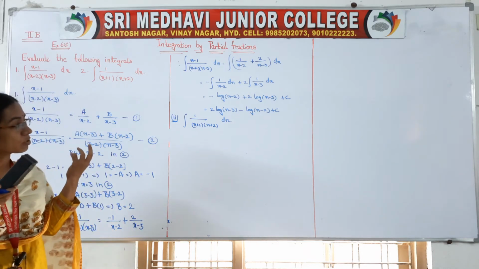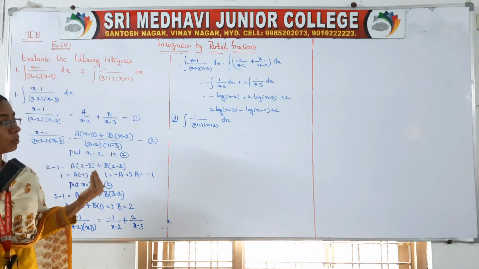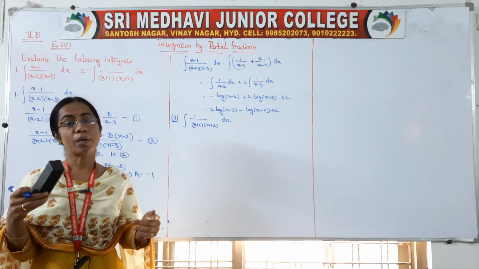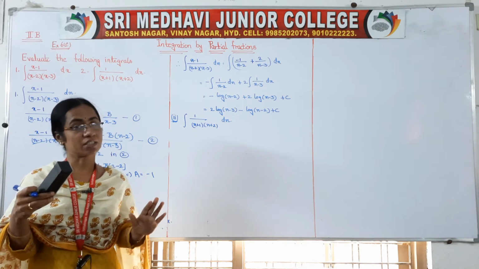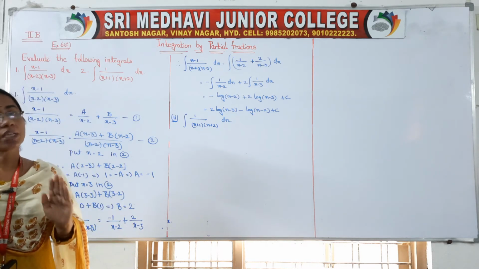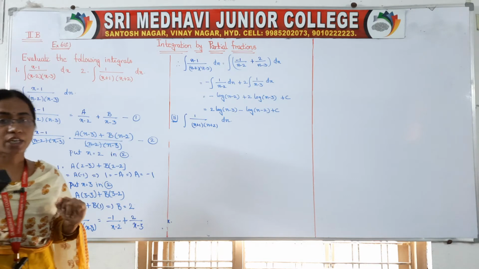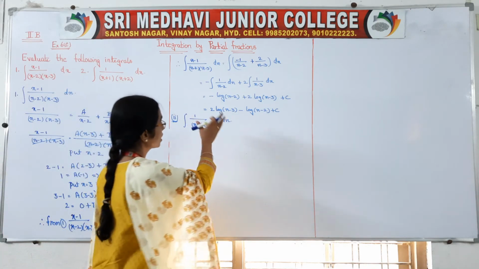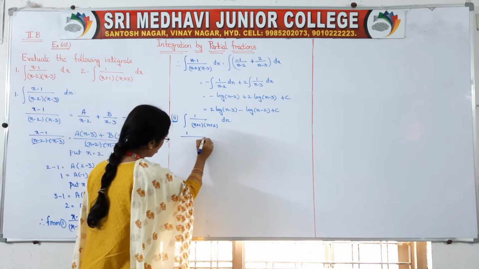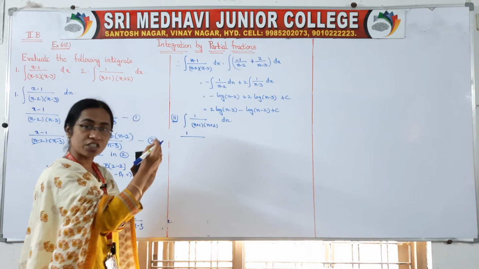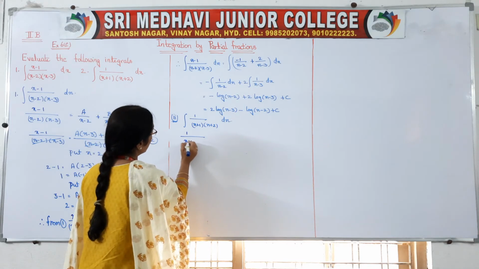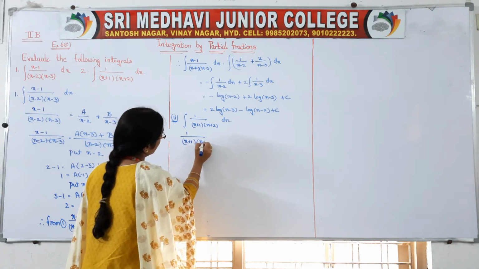That means in the question, suppose downwards we have linear factors, we have to integrate by using partial fractions. Suppose a product form is there, we have to integrate by using the by parts formula. So first we don't do the integral directly. First we will resolve the given fraction into partial fractions, right. So it is x plus 1, x plus 2.